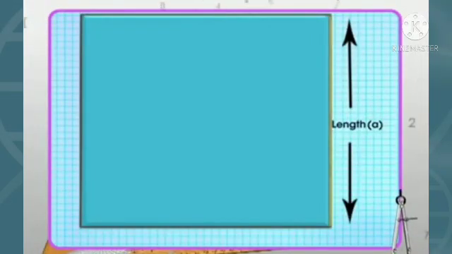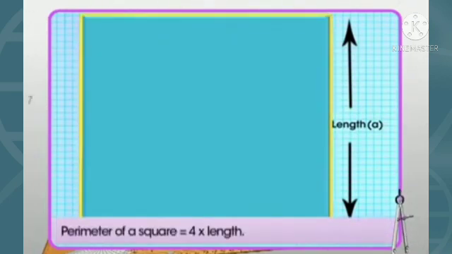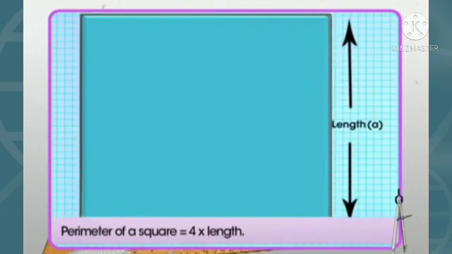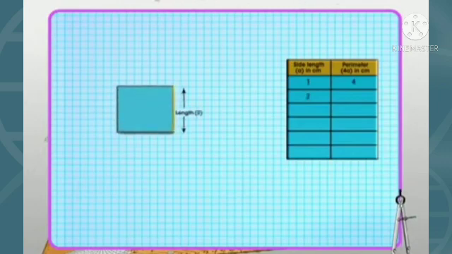Let's plot the graph for the side of a square and its perimeter. Recall that the perimeter of a square is 4 into length. So if the length is 1 centimeter, perimeter will be 4 centimeters. For side length 2 centimeters, the perimeter will be 4 into 2, that is 8 centimeters.